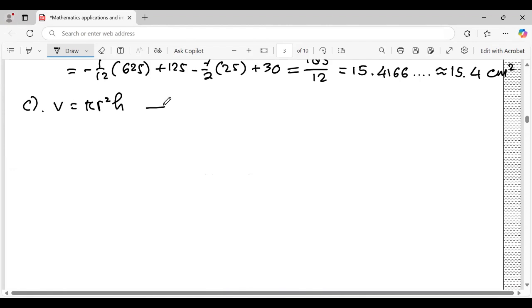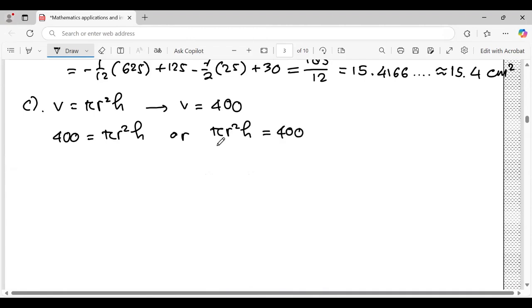If the volume V equals 400, so the equation will be 400 equals pi R squared H. So this is the equation, or we can state it as pi R squared H equals 400. Next question, D.